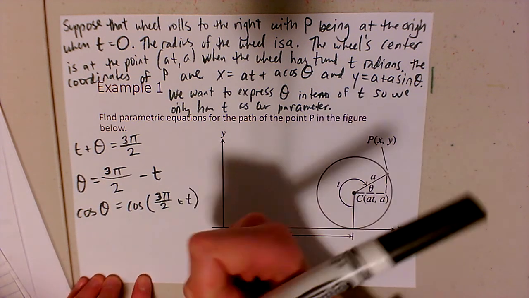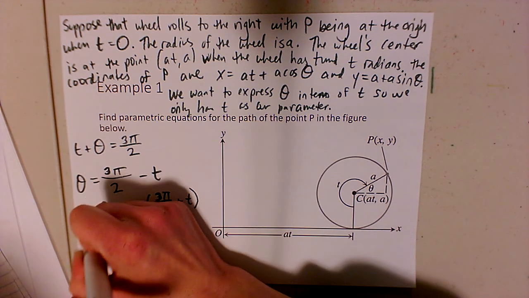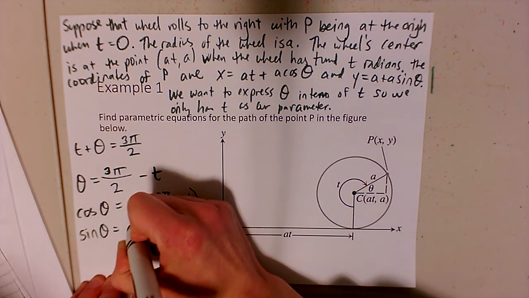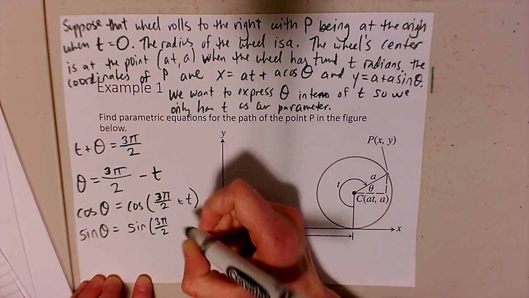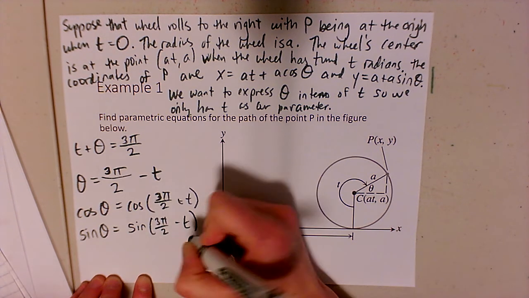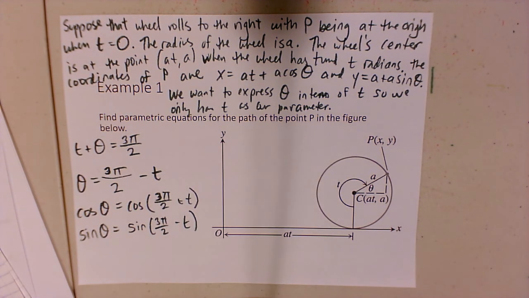And then we could say that sine of theta is going to be the sine of 3 pi over 2 minus t.